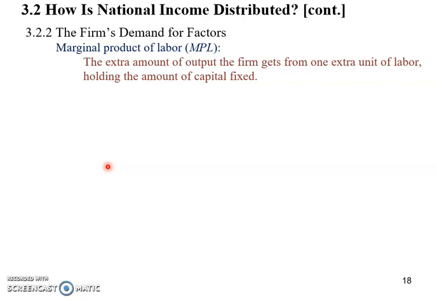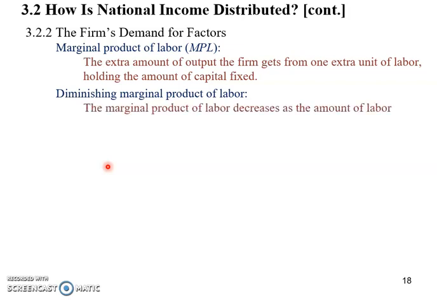Again, as we already said, when the firm adds one more unit of labor, how many extra units of output will it be able to produce? A very important economic principle we introduce here is called diminishing marginal product of labor.